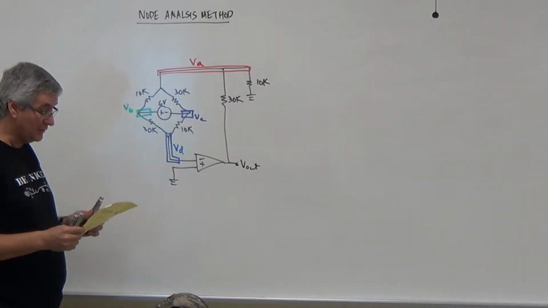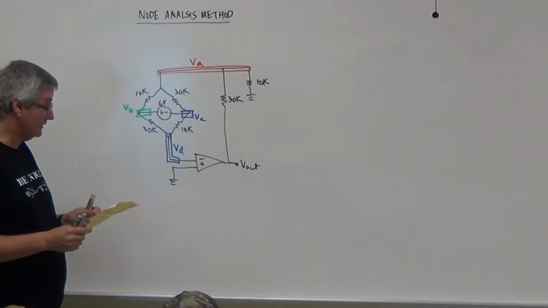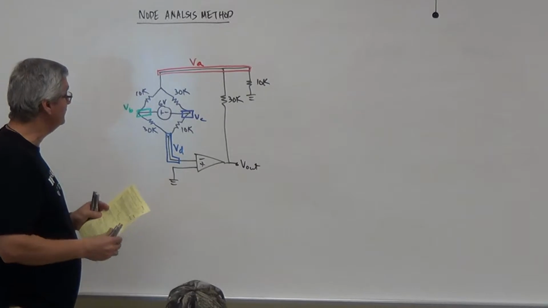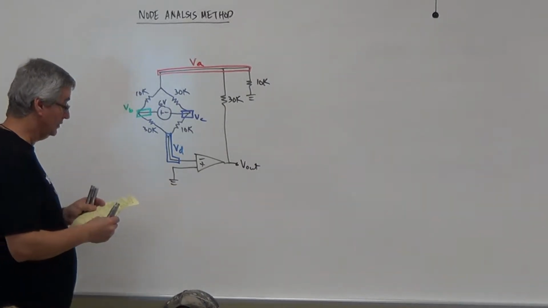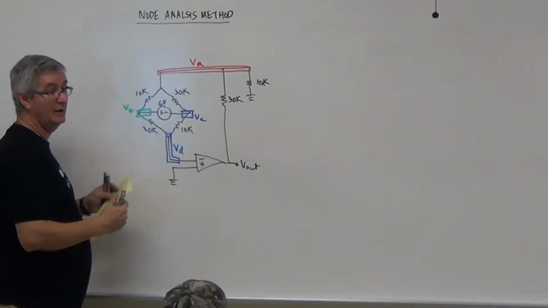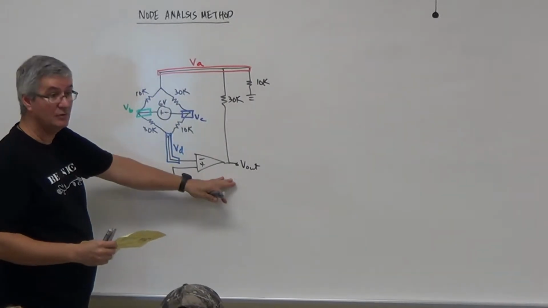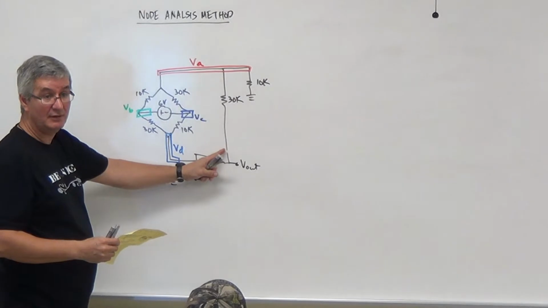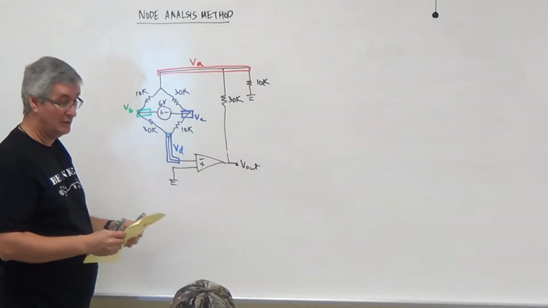So what I'm going to do here is I'm going to start counting. So what you find here is I have how many nodes? Well, I got VA. I can connect VA to V out. No, I'm not counting this as a node. It's not part of the node, right? That's the value of the voltage source.